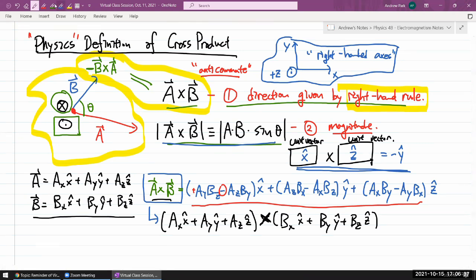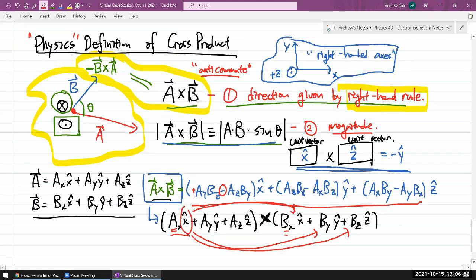So you can distribute this AX x hat into cross this and cross this and cross this. There will be 9 products in total here, and you can all work them out because it's basically going to be some coefficient times a unit vector.